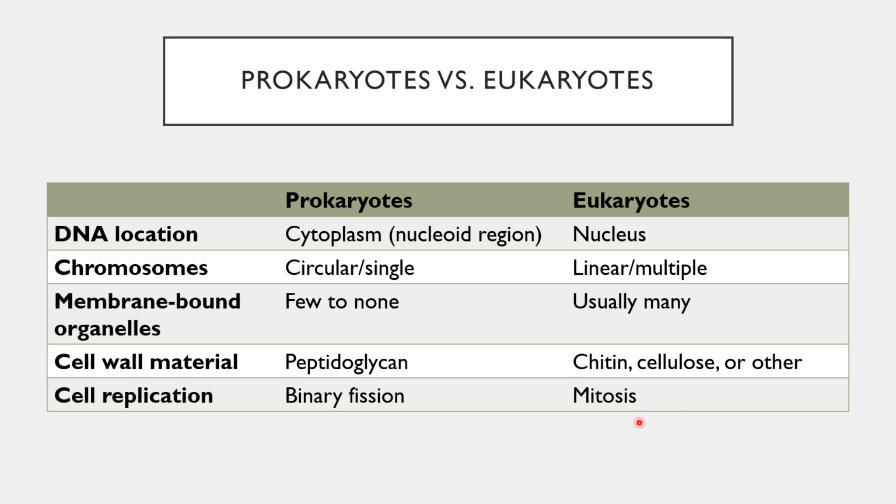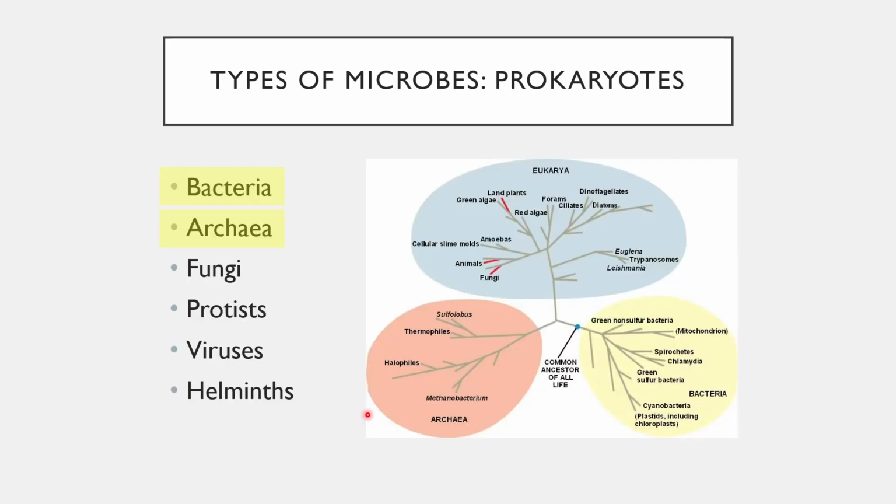And as we talk about the characteristics of prokaryotes, I want to remind you that 2 out of the 6 categories of microbes that we discuss in this class are prokaryotic. That is, the bacteria and the archaea. However, when we have our discussion that follows, the descriptions that we give are going to be mostly focused on bacteria.